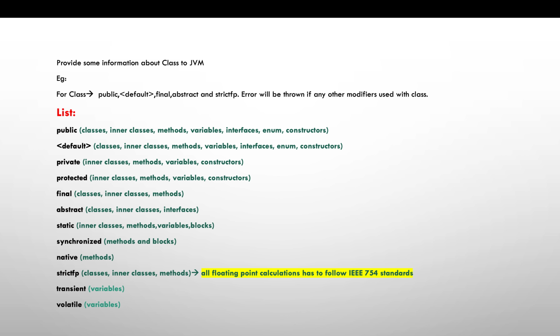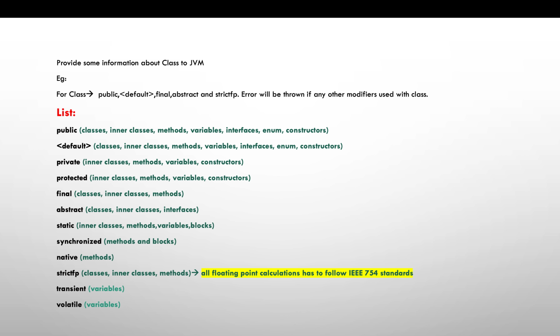The next one is the transient modifier. It is applicable only to variables. What does it mean? If we don't want to store the variable value in a file during object serialization, then declare that variable as transient.